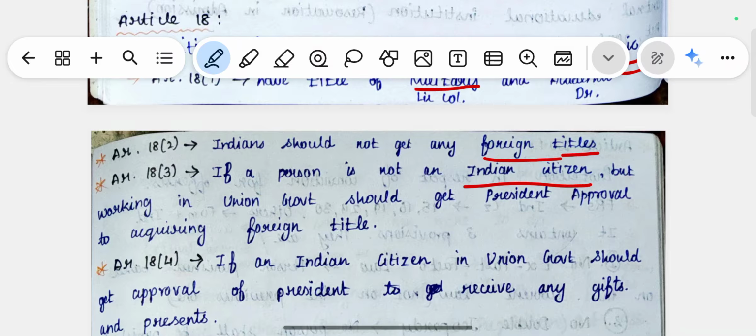If a person is an Indian citizen, he or she should not accept any titles from a foreign state.